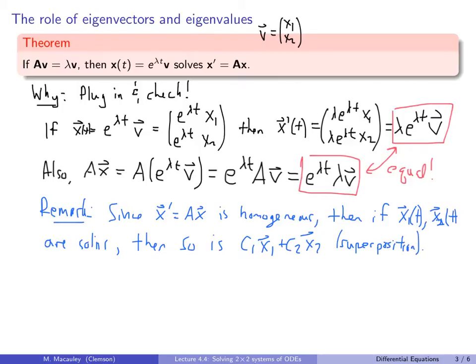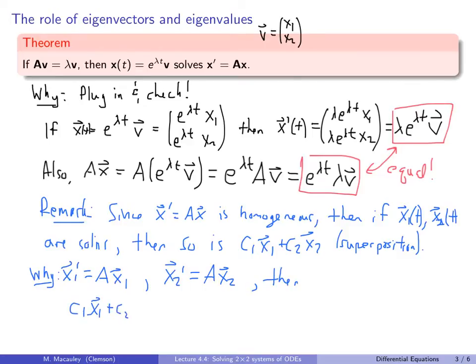Okay, so how do we show that? Well, again, that's also not hard. If x1 prime equals A times x1, and x2 prime equals A times x2, then take the derivative of c1 x1 plus c2 x2.